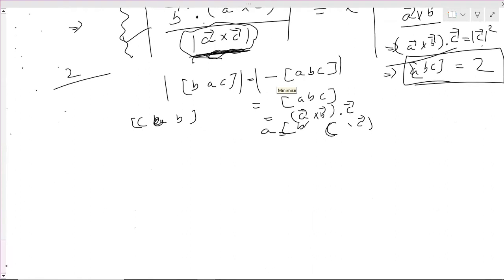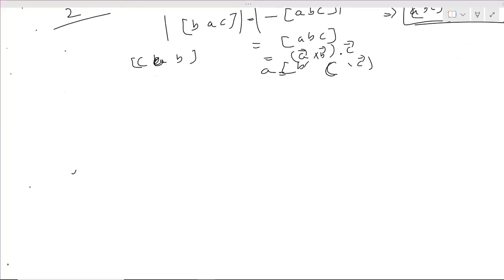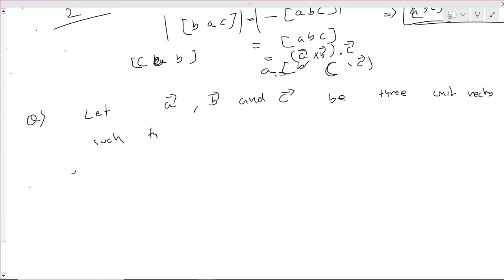So let me give you another question. Let A vector, B vector, and C vector be three unit vectors such that mod A minus B whole square plus mod A vector minus C vector whole square equals 8.